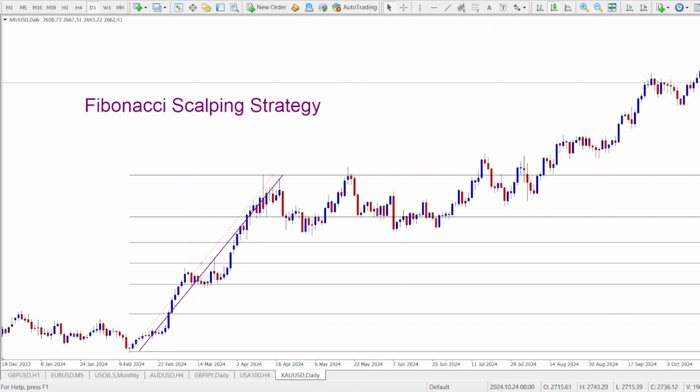Now, the 38.2%, the 50%, and the 61.8% retracement levels are the levels that we are going to be focusing on in this method. So you have to watch for price to retrace to a key level when you are using this strategy. After a strong move in one direction, we expect a pullback to one of the Fibonacci levels.